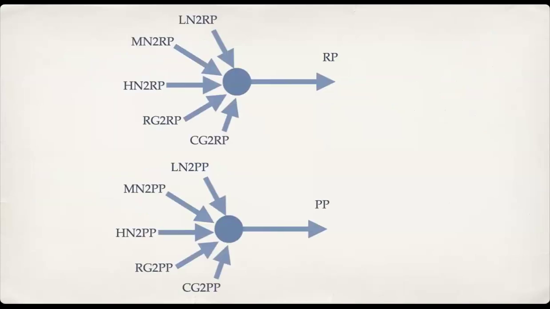Now we look at the blending process. This process receives light naphtha, medium naphtha, heavy naphtha, reformed gasoline and cracked gasoline in order to form regular petrol. And the premium petrol is blended from light naphtha, medium naphtha, heavy naphtha, reformed gasoline, and cracked gasoline.